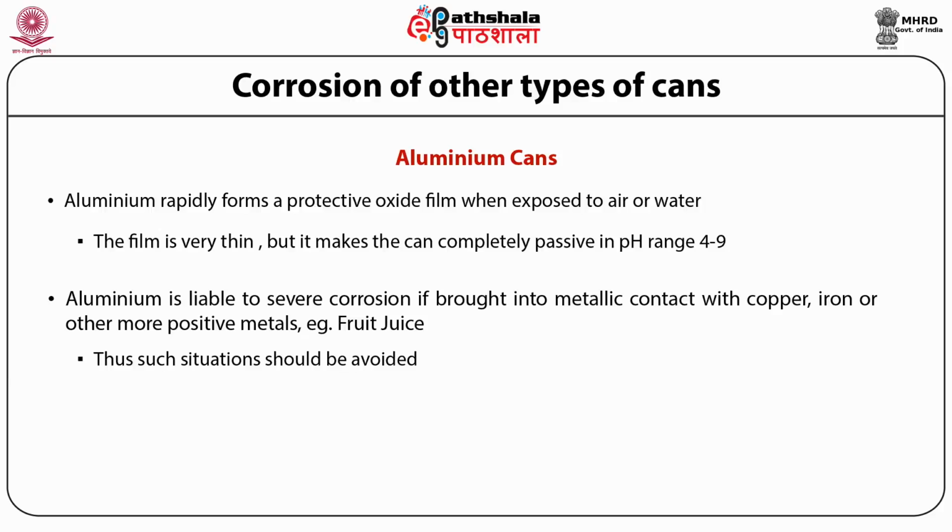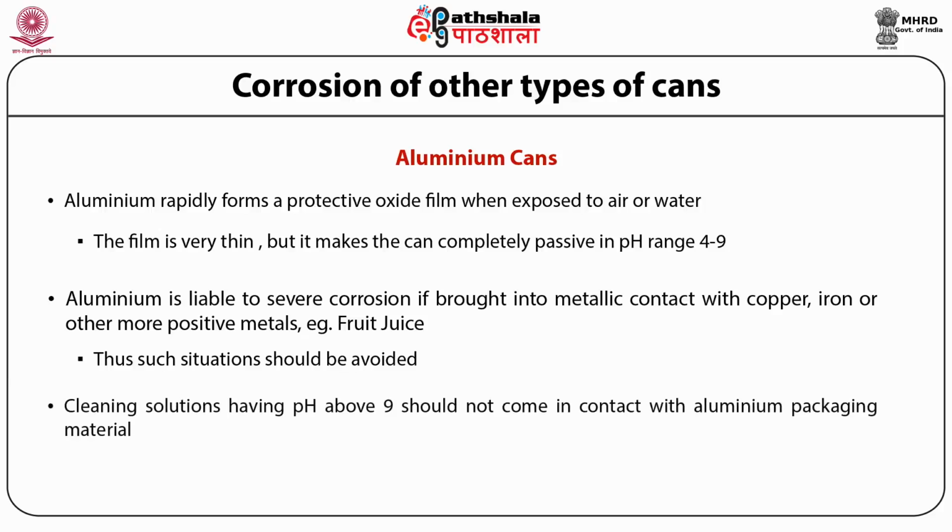Although no foods have a pH greater than 8, cleaning solutions used in food processing plants frequently have pH values of up to 13. It is therefore important that these solutions do not come into contact with aluminum packaging materials and that any package contact surfaces which are cleaned with these solutions are thoroughly rinsed with water afterwards.